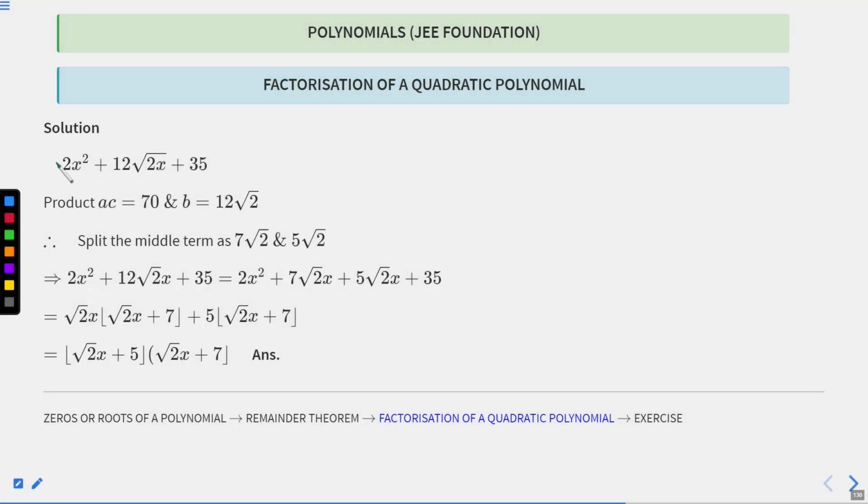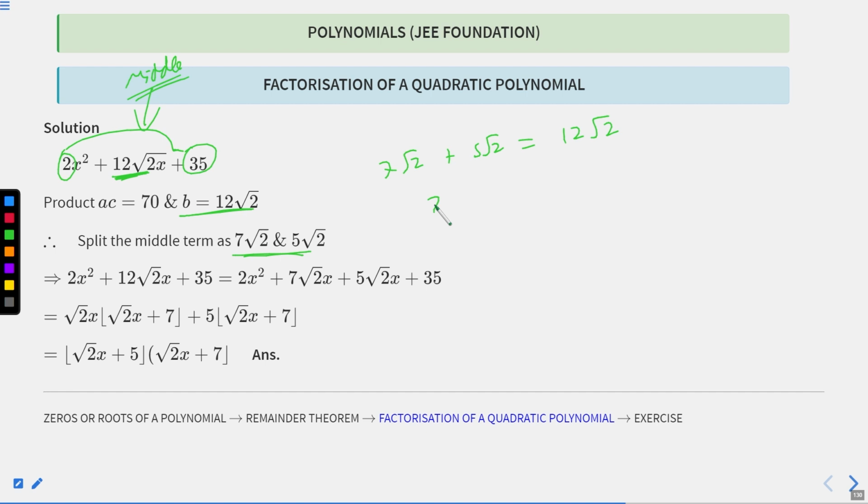First of all, take the product of a and c, and see that the coefficient of x, or b, is equal to 12 root 2. Now we split this middle term into 7 root 2 plus 5 root 2, which equals 12 root 2.